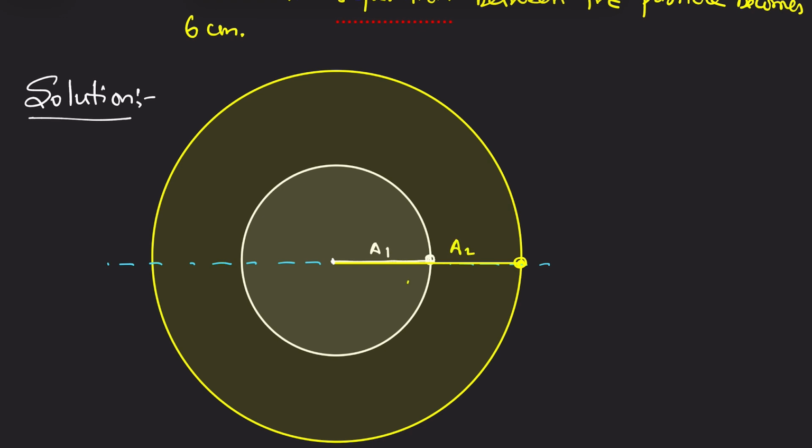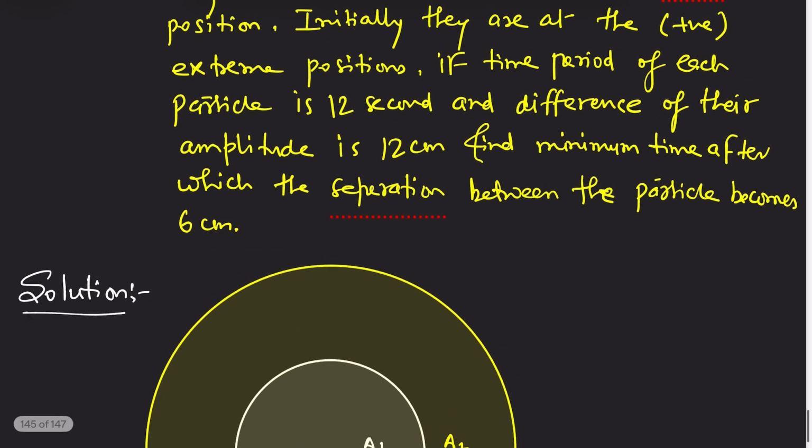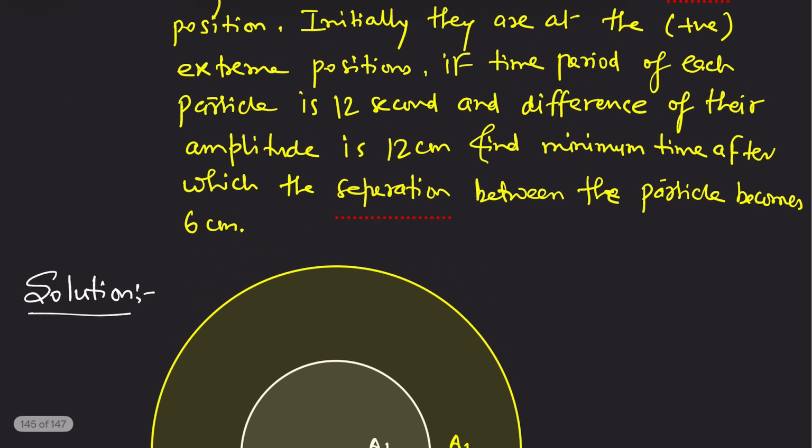They have the same time period. If the time period of each particle is 12 seconds, it means their angular velocity is the same, because if time period is same, angular velocity is also the same.